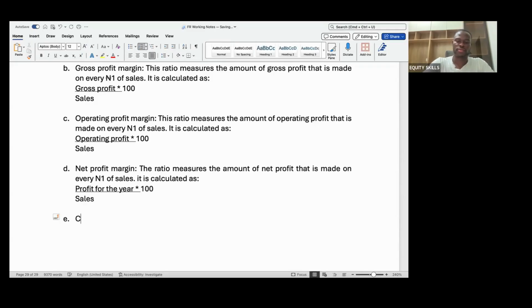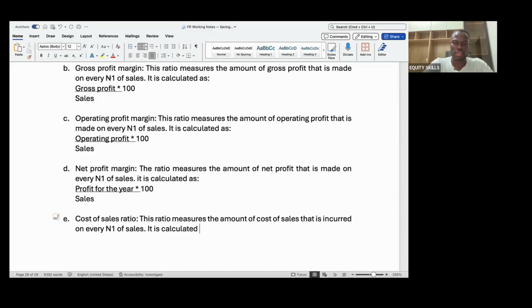Then your cost of sales ratio. Again, this ratio measures the amount of cost of sales that is incurred on every 1 naira of sales, and it is calculated as, okay, I've given you a lot of formulas.